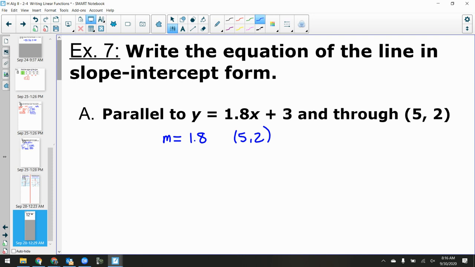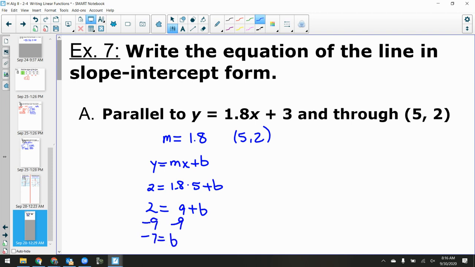So y equals mx plus b. 2 is equal to 1.8 times 5 plus b. 1.8 times 5 is 9. 9 plus b. Somebody check me on that. Okay. I subtract the 9 over to the other side, I get negative 7 is b. So my equation is y equals 1.8x minus 7.